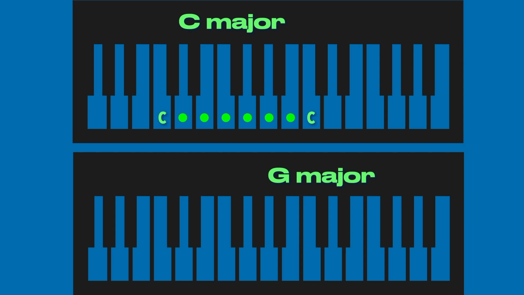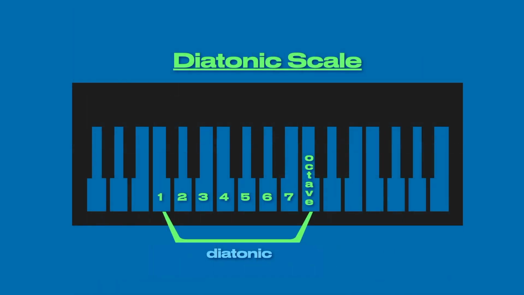But in the key of G, the diatonic scale uses this combination of 7 notes. However, in every diatonic scale, the same intervals apply: whole step, half step, whole step, whole step, half step.